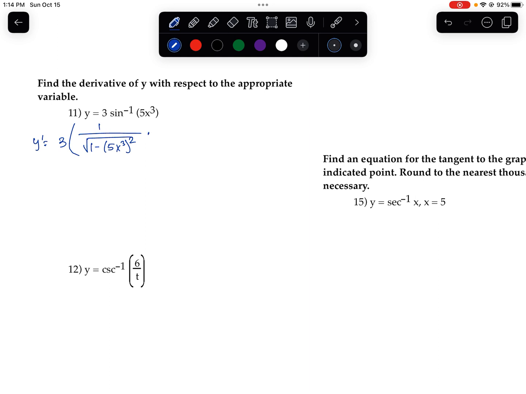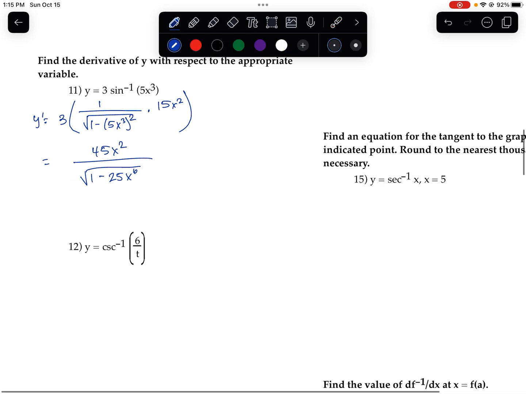And then I'm going to multiply by the derivative of the inside, which would be 15x squared. So simplified together, I think that's just 45x squared divided by the square root of 1 minus 25x to the 6, if you were to square that expression right there.